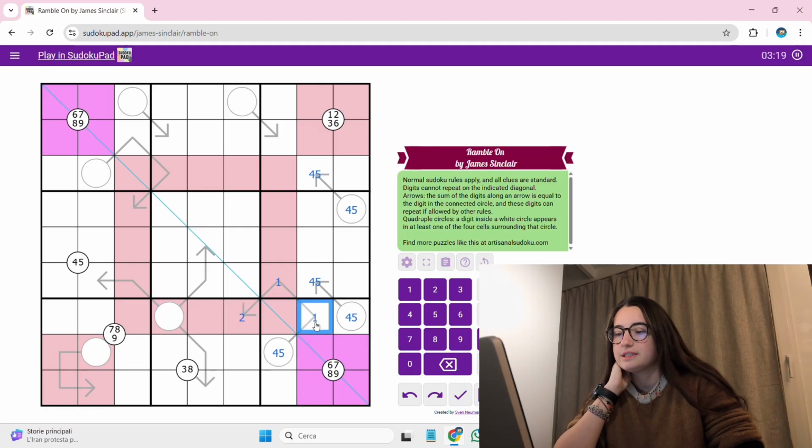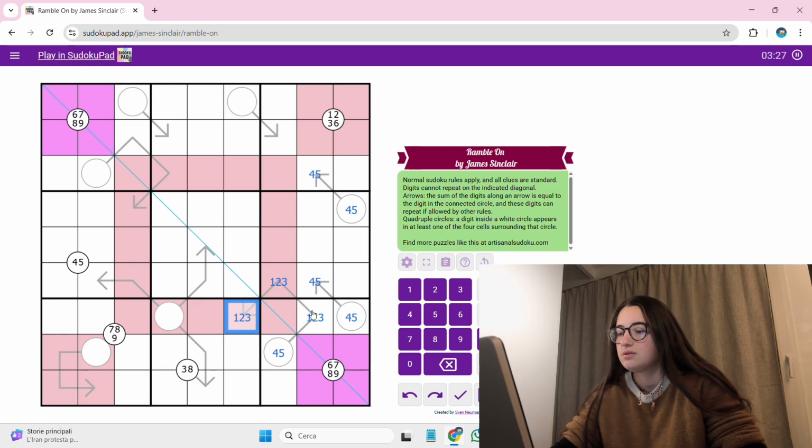And this 3 can be 1, 2, 3. Let me see. This being a 4, let's say 3, 1, 1 could be 5. 2, 2, 1 could be 5. 1, 2, 2 could be 5. Or 1, 1, 3 actually could be.